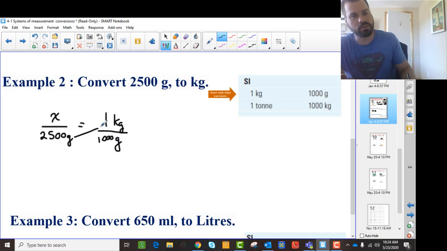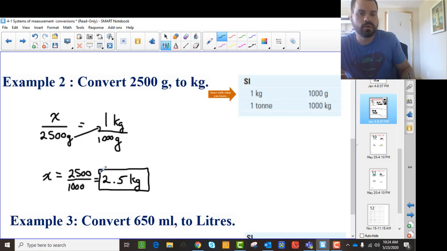So we just multiply this up, and we get X is 2,500 divided by 1,000, which is 2.5.